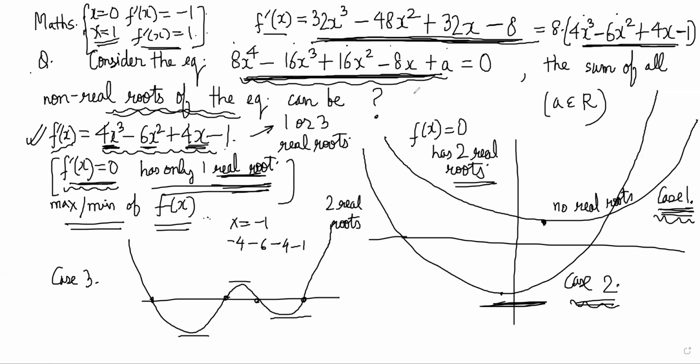But okay, so we can basically figure out it should be a minima because we can take the double derivative. Double derivative is 12x square minus 12x plus 4.